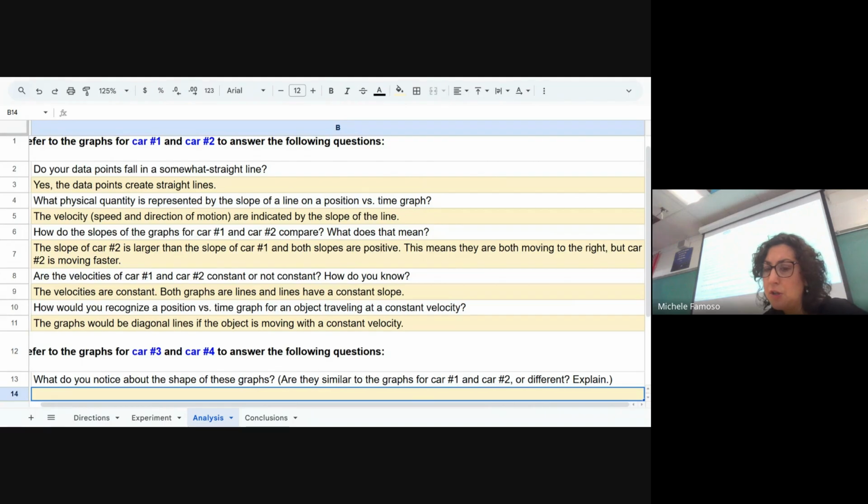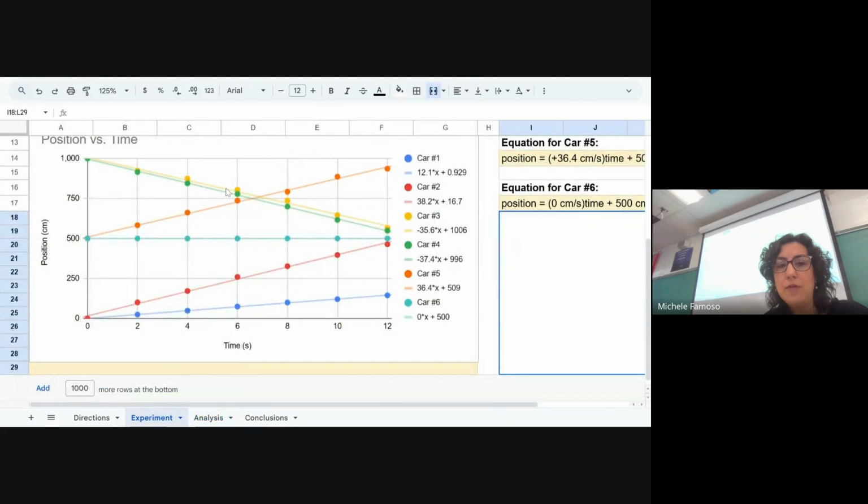So number 6, what do you notice about the shape of these graphs? Are they similar to the graphs for car 1 and car 2, or are they different? What is the shape of the graph for car 3 and car 4? It's the same. Okay.